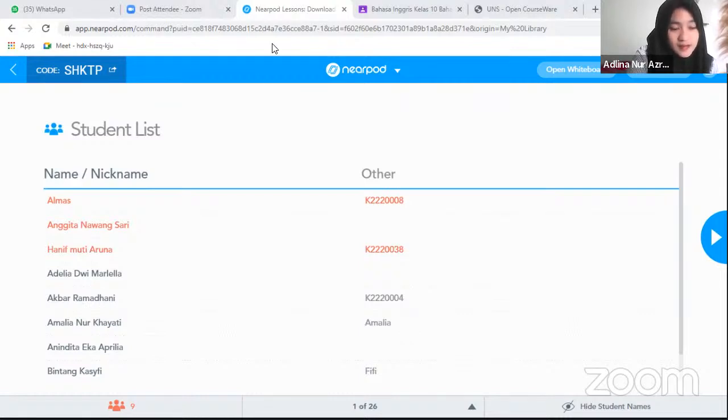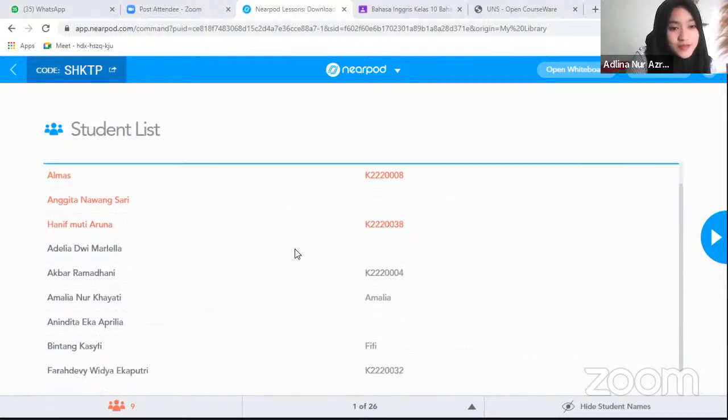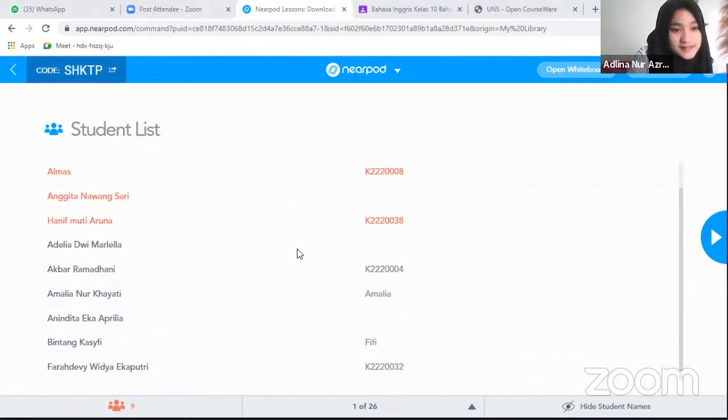Okay, I guess half of the students of this class have joined the Nearpod class. Before starting the main material, I would like to remind you again to be actively engaged and participate in this class, because in the middle of the class there will be one quiz that you should complete.